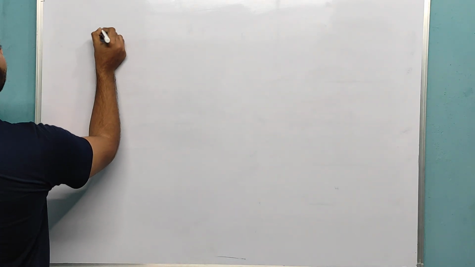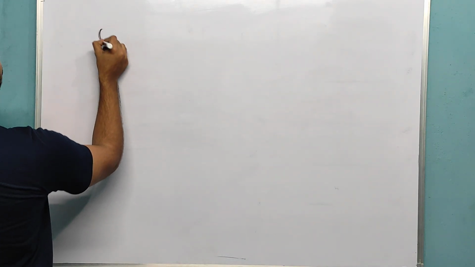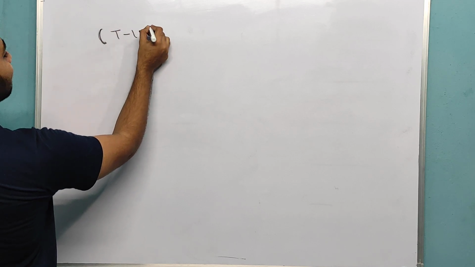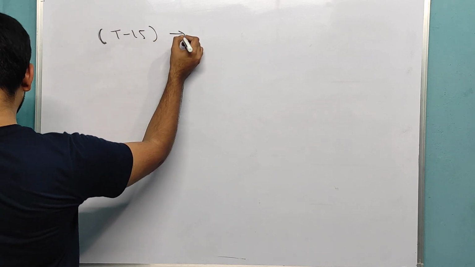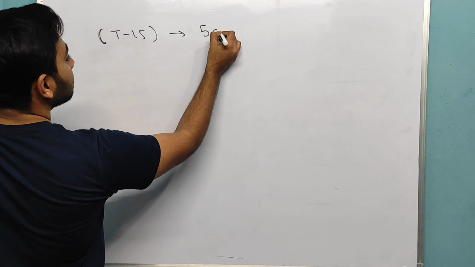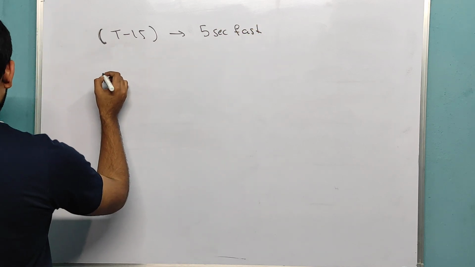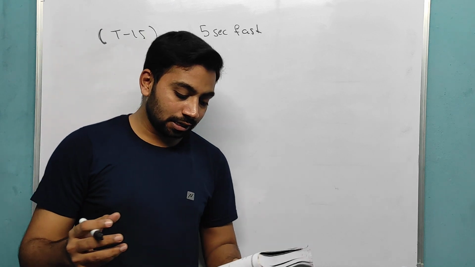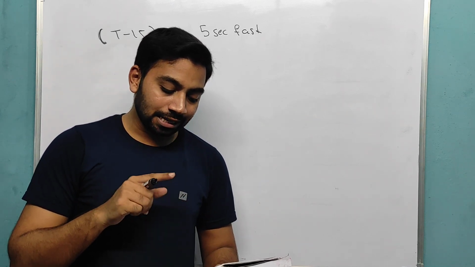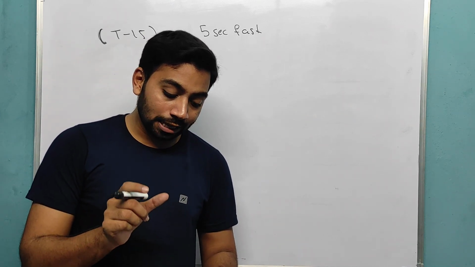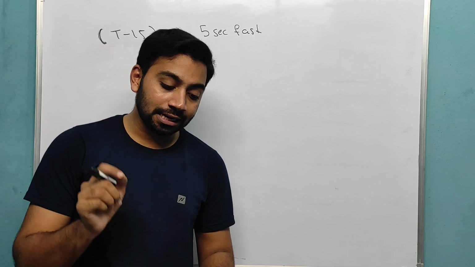Which means they are saying that when temperature is 15 degrees Celsius less, then it is 5 seconds fast. Now, when the temperature is 15 degrees more, then it is 10 seconds slow each day at temperature 30 degrees Celsius.